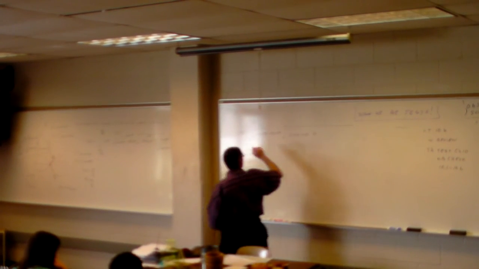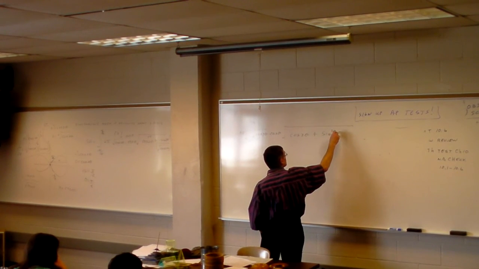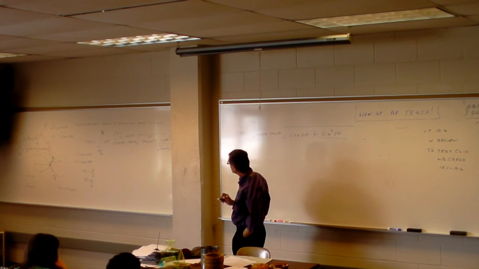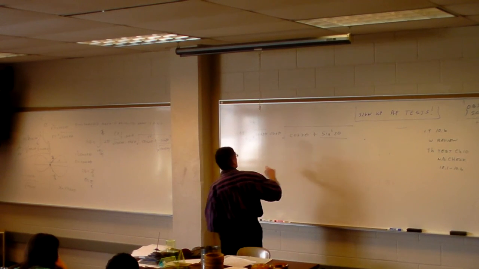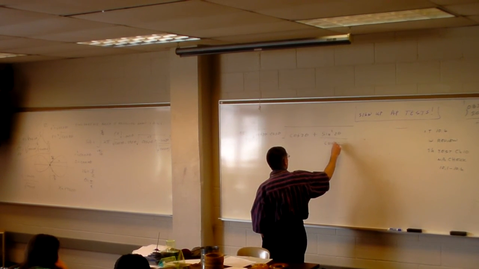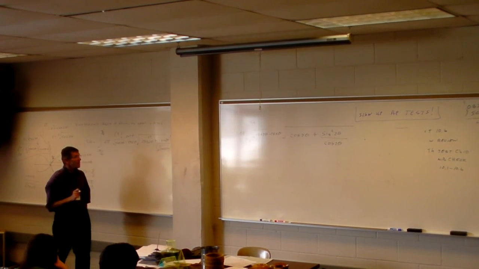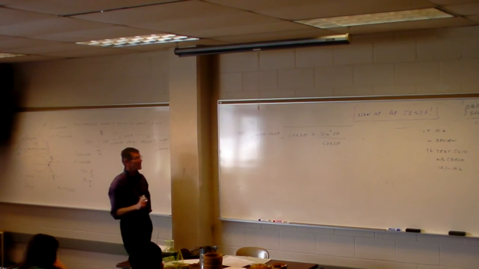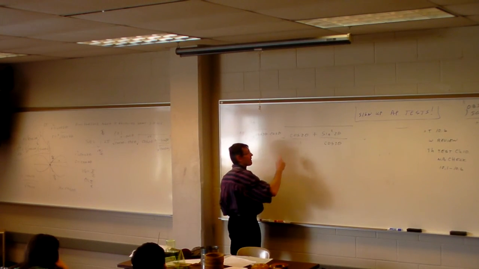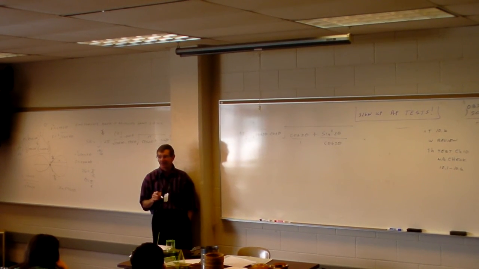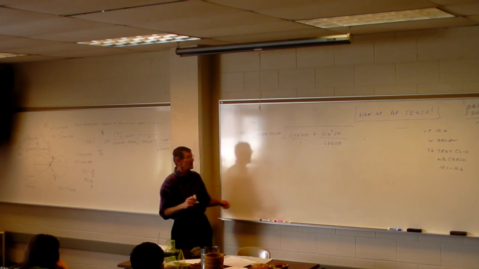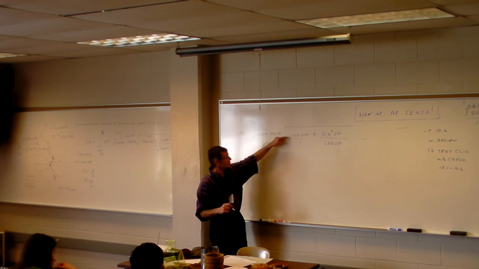Positive sine squared 2 theta over just the cosine of 2 theta, because we squared the square root. All right, common denominator is cosine of 2 theta, so we can multiply top and bottom by cosine of 2 theta.